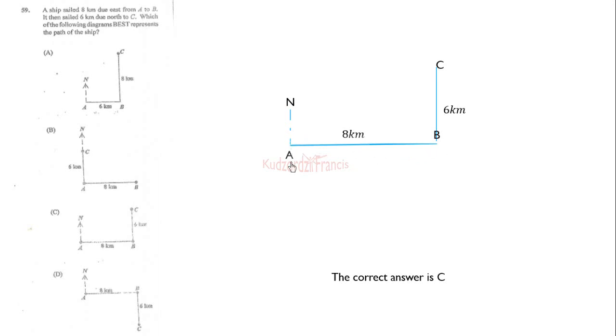When you have a cardinal point here, this will be north, then this will be east, this will be south, and this will be west. So 8 kilometers due east is this direction, then 6 kilometers due north in this direction. Therefore, the correct answer is option C.